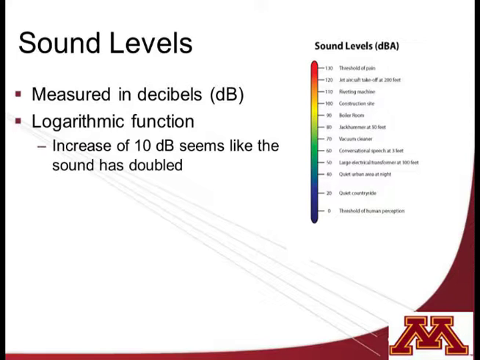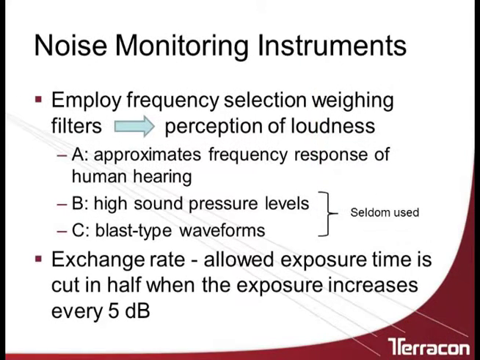With respect to noise monitoring instruments, they employ frequency weighting filters, and these are for the perception of sound or loudness. There are three types of weighting: A, B, and C. A is the one you'll typically see in use 99.9% of the time, because it approximates the frequency with which we hear.